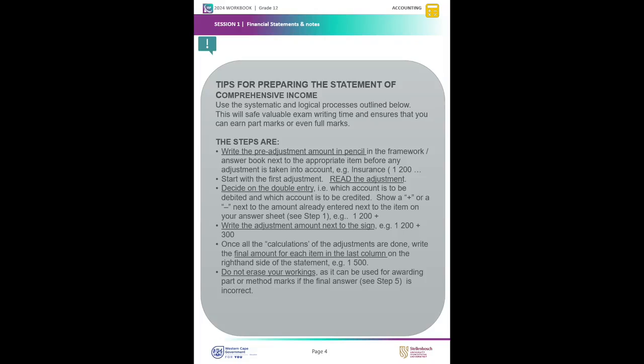Because in that workings, we will award you part marks or method marks for the final answer. Especially if your final answer is incorrect, then we will look for marks. So as teachers, we are always trying to give you the best possible mark that you deserve. And we can only do that if you are showing us all your calculations.